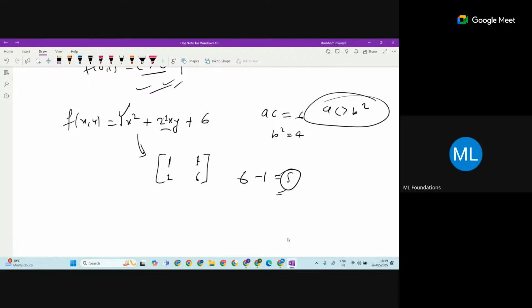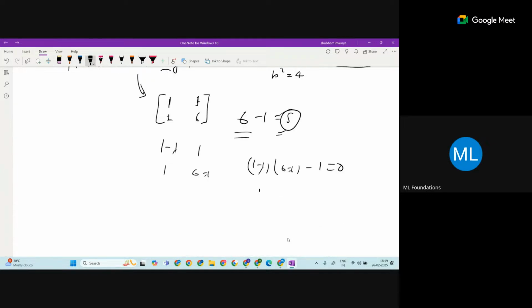There's something we can do. If you find these eigenvalues, can anyone check what the eigenvalues are here? Some difficult eigenvalues you get. Or let's do it quickly. A minus lambda I. So this is 1 minus lambda, 1, 1, 6 minus lambda. If you multiply (1 minus lambda)(6 minus lambda) minus 1 is equal to 0.